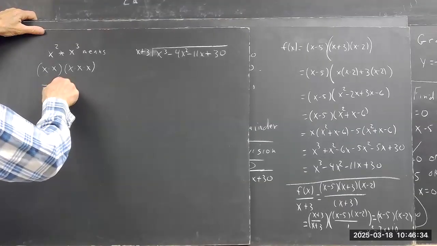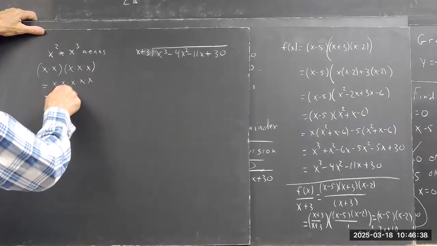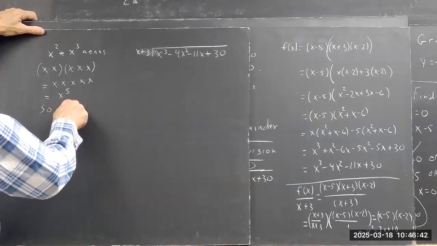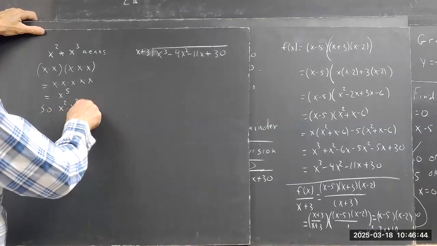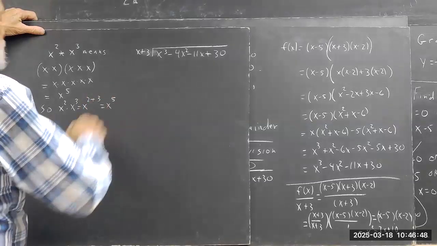Which is x times x times x times x times x, which is x to the fifth.